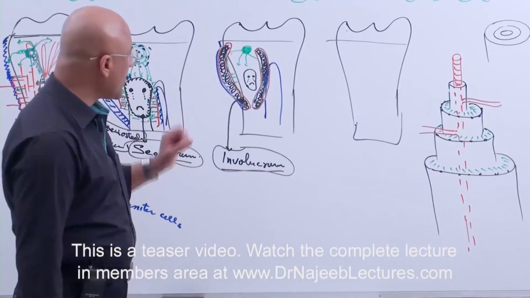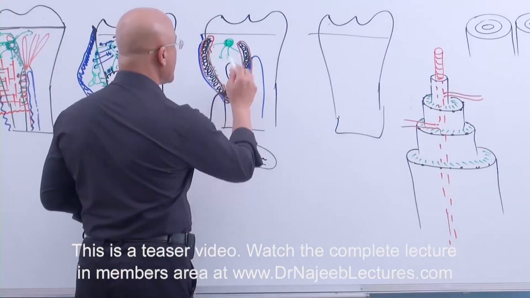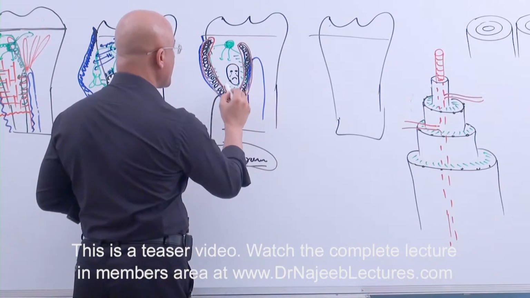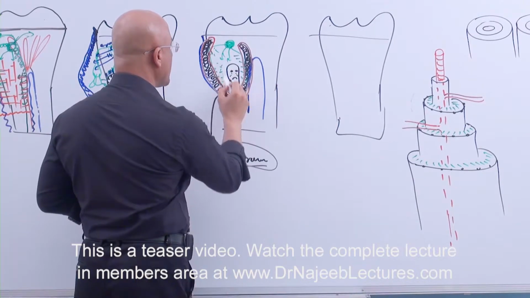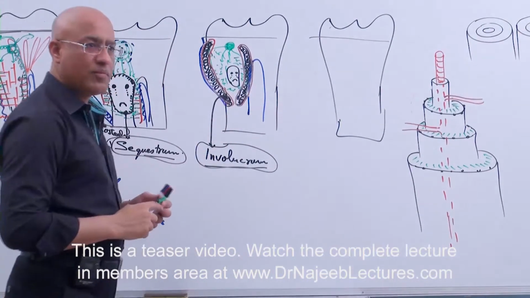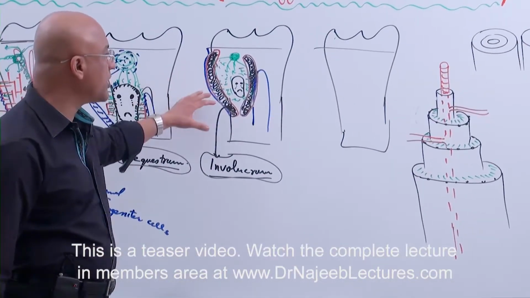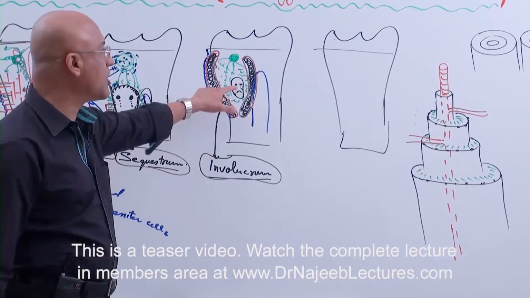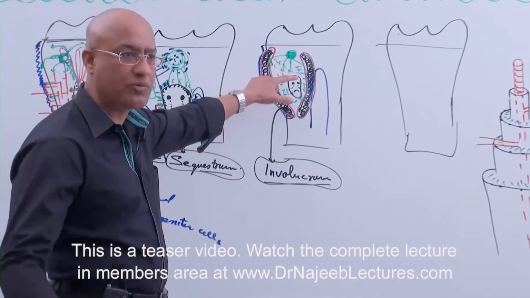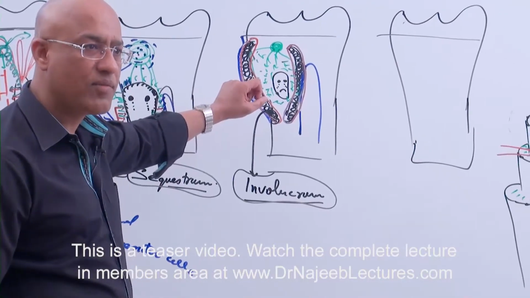Now, as time passes by, pus is there all around. Bacteria have made a very safe place for itself, and whatever antibiotic you are giving, whatever the body is trying to fight, you cannot get this nidus of infection, this seed of infection, out of here. If time passes by, what will happen?